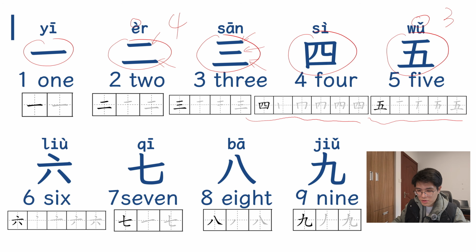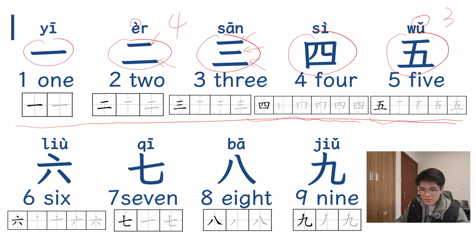So now let's review the word 1 to the word 5. This one, 一. This one, 二.